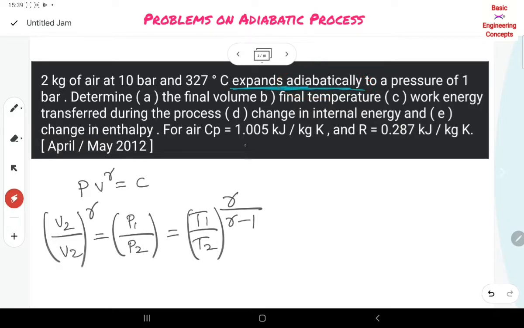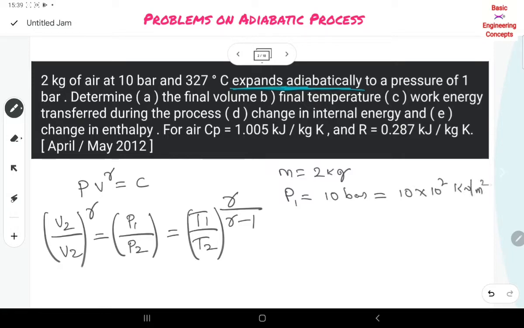Now I enter into the problem. The data given is mass m is equal to 2 kg, pressure P1 is equal to 10 bar, which is converted into 10 into 10 square kilonewtons per meter square.